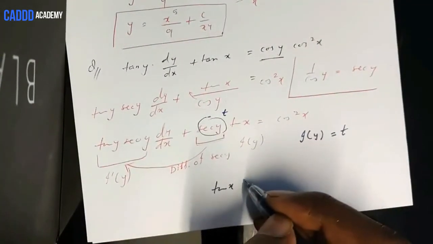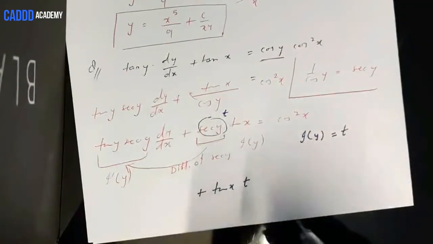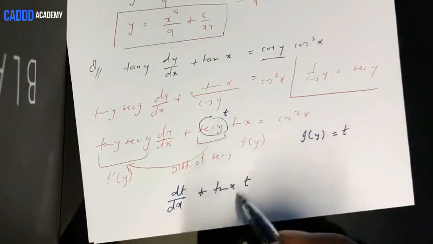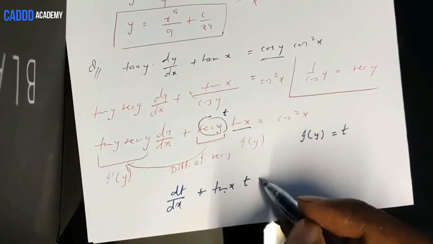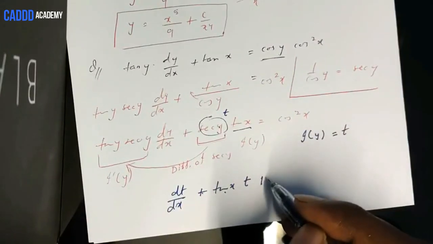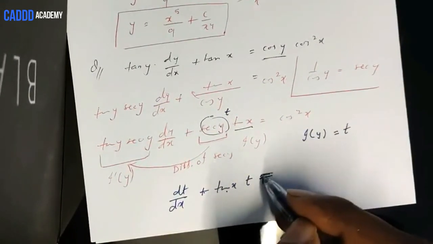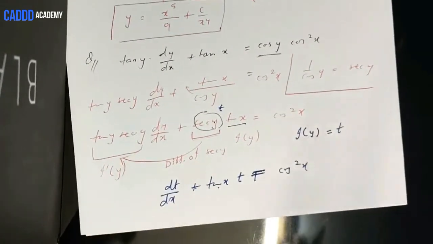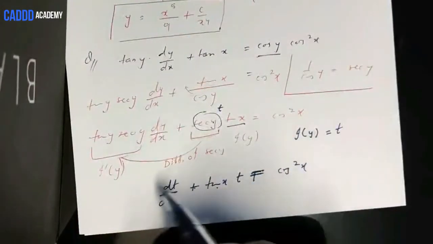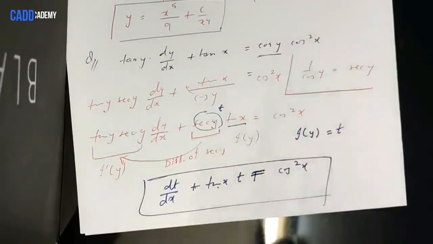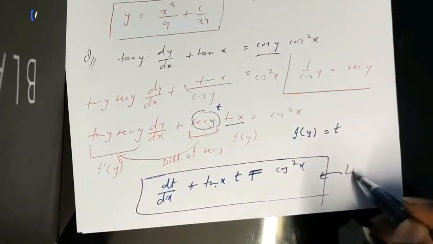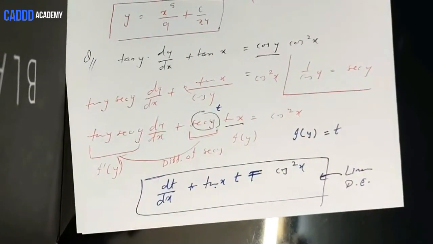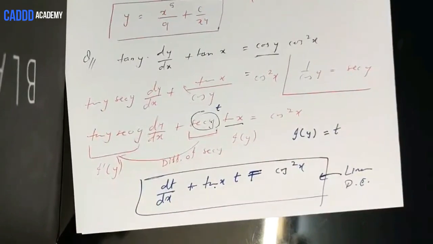So we will have tan x into t, and we will write dt by dx here only, dt by dx plus t into tan x here as it is, which will be equal to cos square x. So this is the new equation formed, and which is now a linear differential equation. We have solved the problem of linear differential equation, but I will solve that for you again.